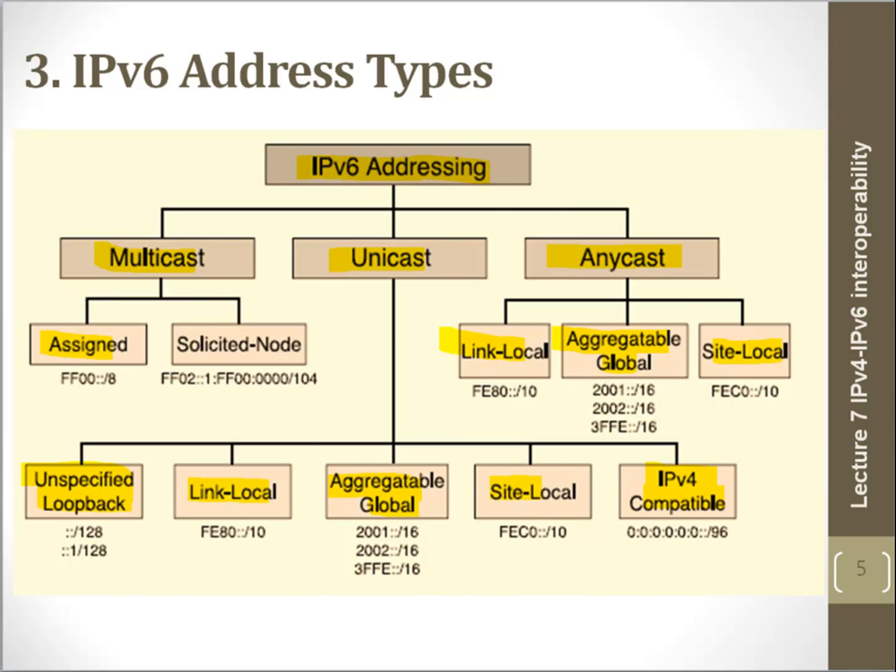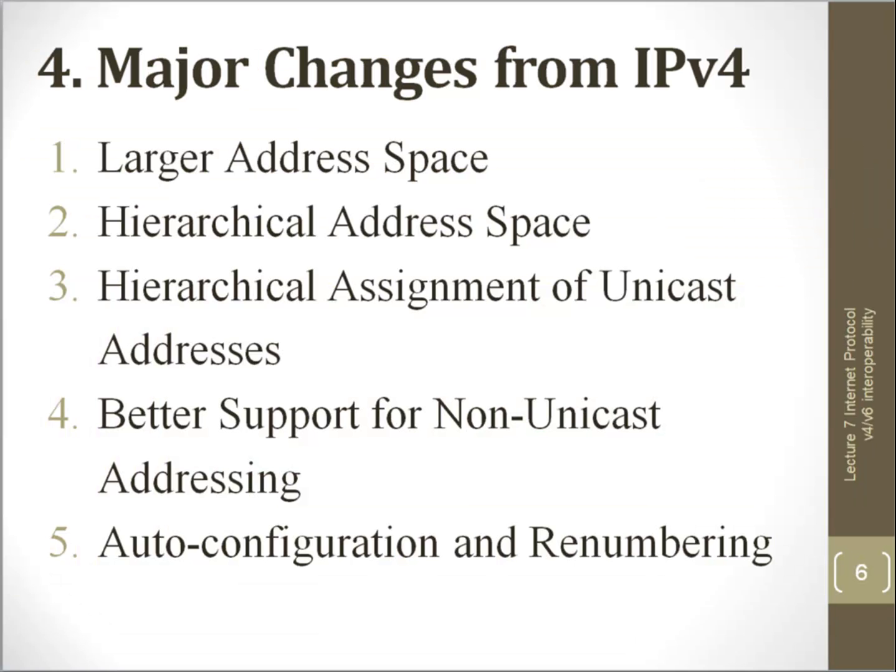Now, the major changes. What are the major changes from IPv4? That means in IPv6 these are all the features or characteristics. The first one is larger address space. In IPv4 it is 2 to the power of 32, but here it is 2 to the power of 128. So you have a very large address space with many more IP addresses.